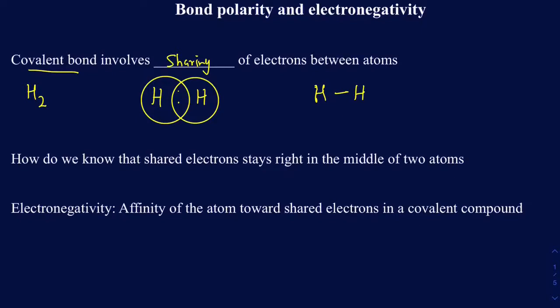But then the question comes in, how do we really know that the shared electrons stay right in the middle of those two atoms? Why not toward the left atom or toward the right atom? And that answer is given by the electronegativity. The definition of electronegativity is the affinity of an atom toward the shared electrons in a covalent compound or a covalent bond.